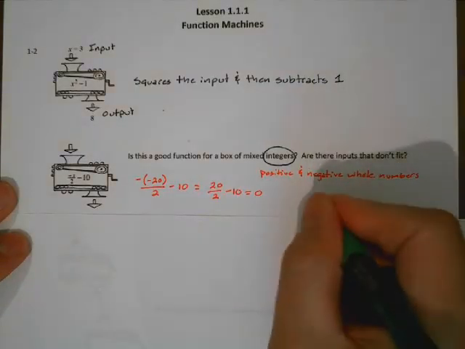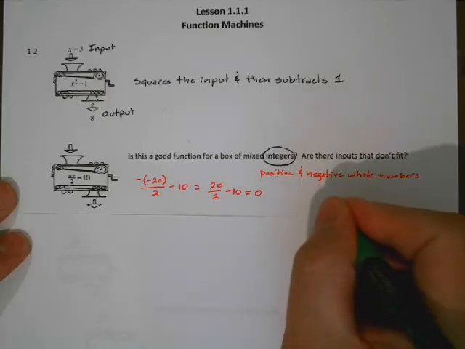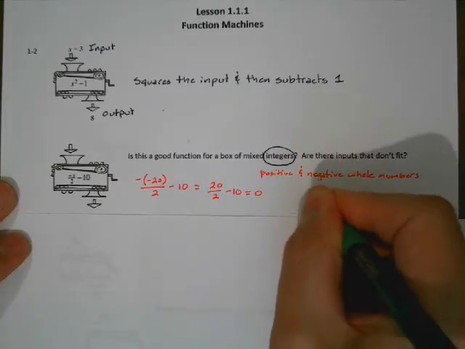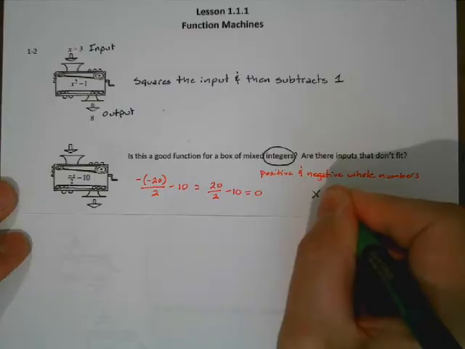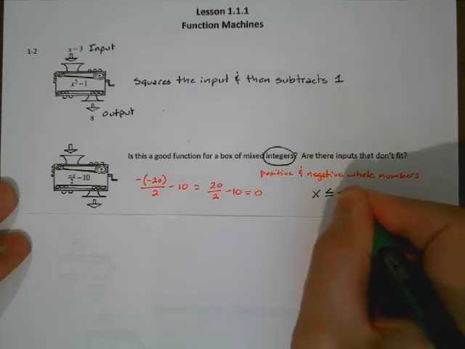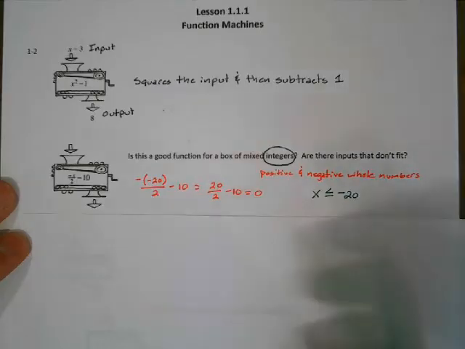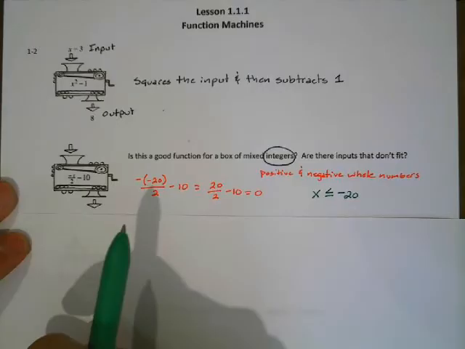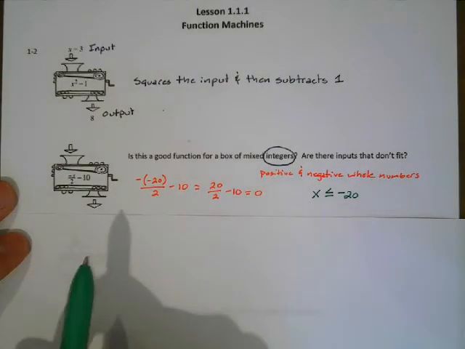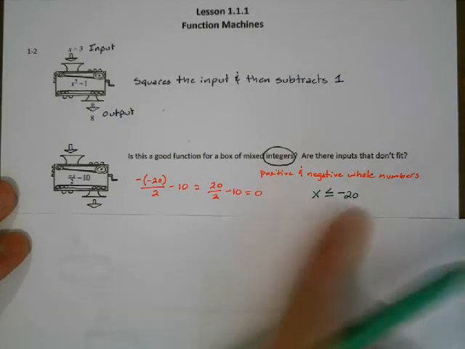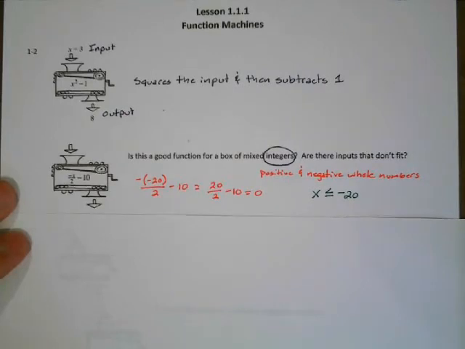And here's how we write that: x is less than or equal to negative 20. Negative 20 doesn't work because that makes 0. Negative 21 would make positive 0.5. Negative 22 would be positive 1. So any number less than or equal to negative 20 is a bad fit for this.